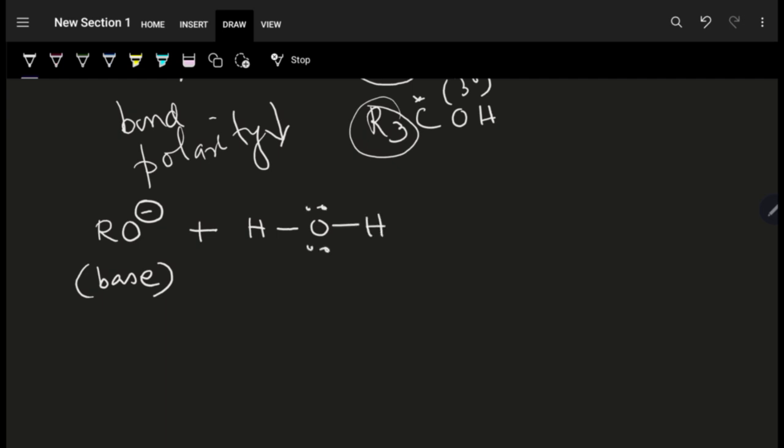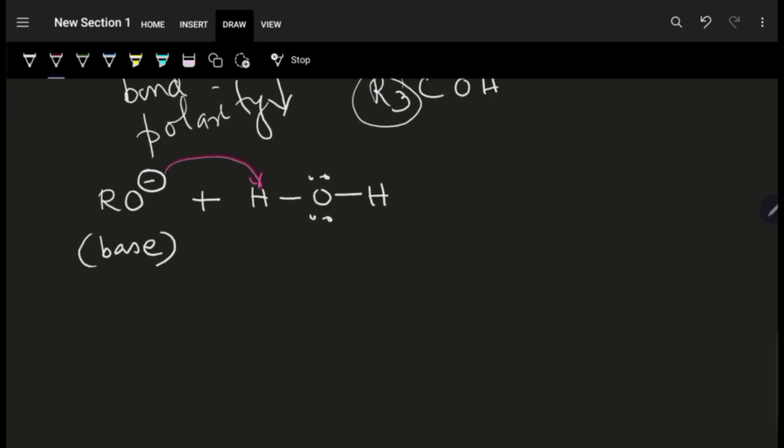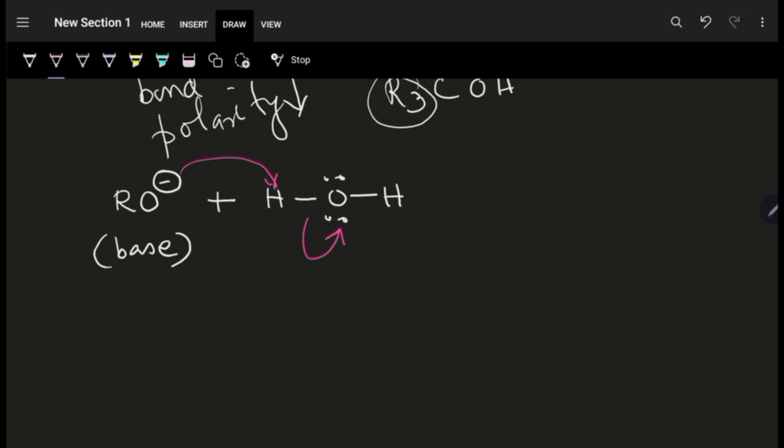RO minus abstracts the proton from water and forms OH minus. So RO minus takes the proton and forms ROH. Now this is a conjugate acid and OH minus is formed and this is a conjugate base.